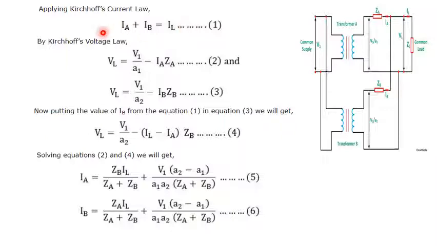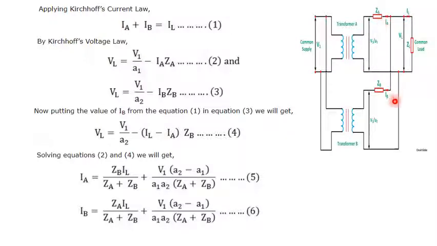Now by the circuit diagram, we apply Kirchhoff's current law at this node. According to Kirchhoff's current law, the load current is the sum of the secondary winding currents of transformer A and transformer B respectively. So we can represent IA plus IB is equal to IL. Just refer to this circuit diagram.